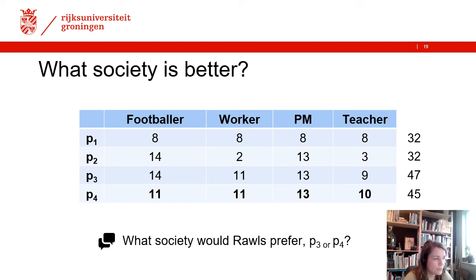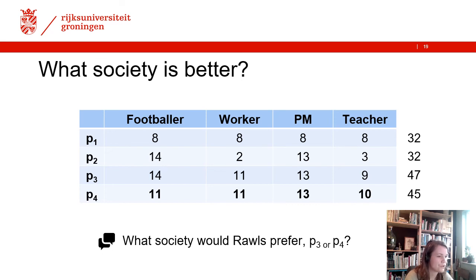Inequalities are allowed, so any distribution of P2, P3, or P4 could be a just distribution if we think about Rawls' principle. But if you also remember the second condition, it described that the least well off should be the best off. Now if we compare distributions P2, P3, and P4, then the teachers are the worst off in each of these distributions, right?